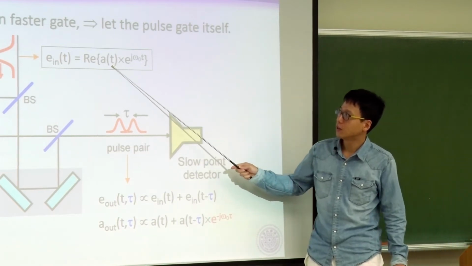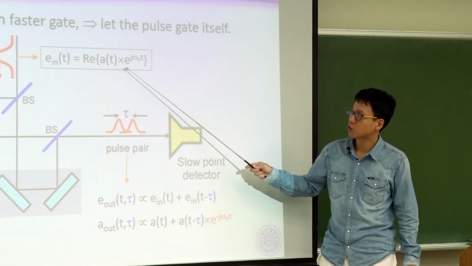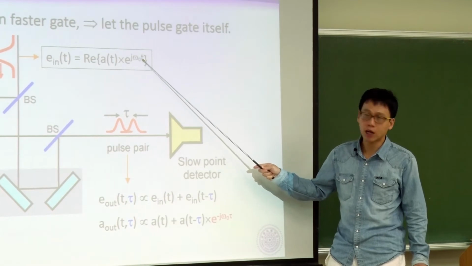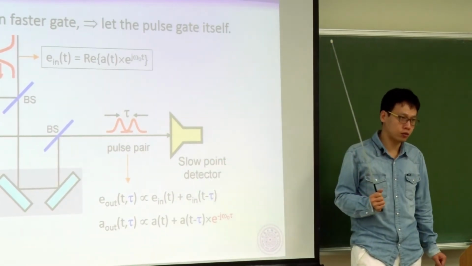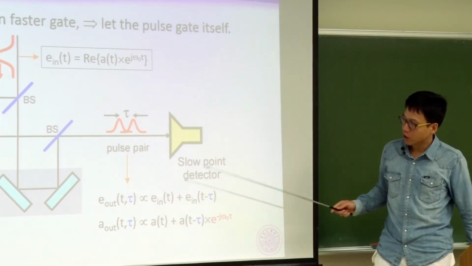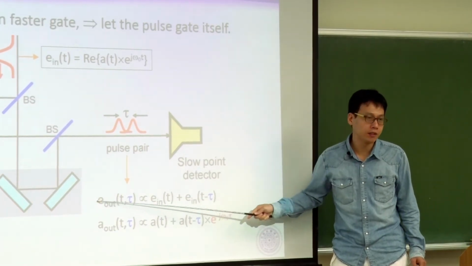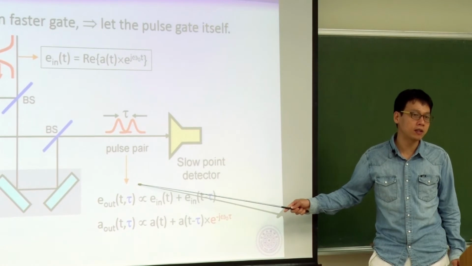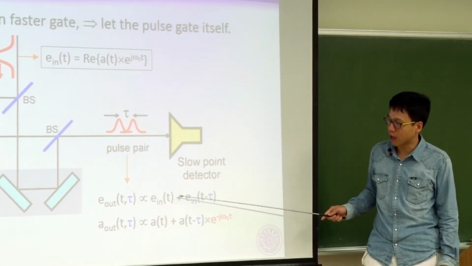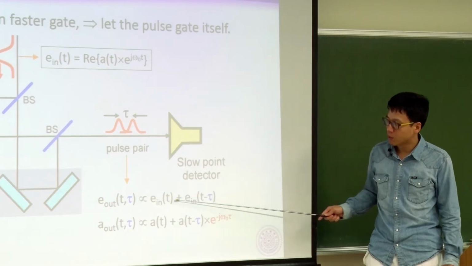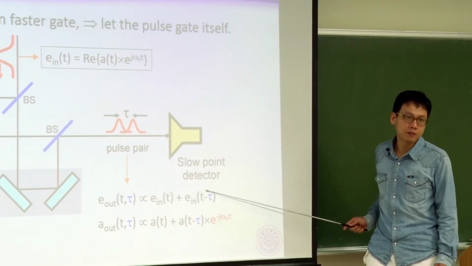This is the envelope. You have to multiply with a carrier, then taking the real part, you get the electric field. Now, you have the electric field already. What is the corresponding envelope? Of course, it should be the envelope of this one plus the envelope of this one.